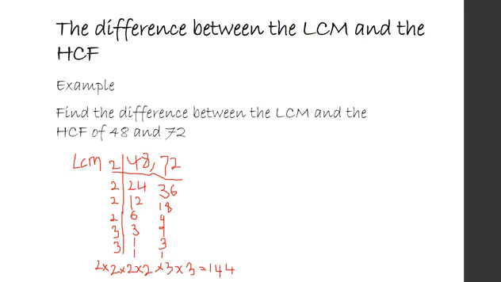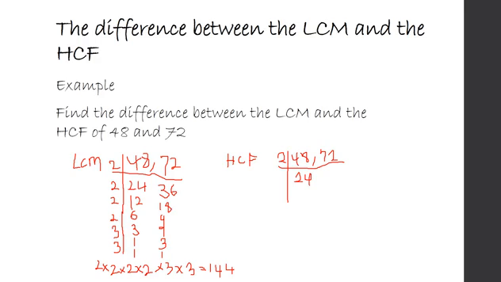This same value, you do it for HCF also. So you have 48, comma 72. So start with the lowest prime number. 2 in 48, you have 24.